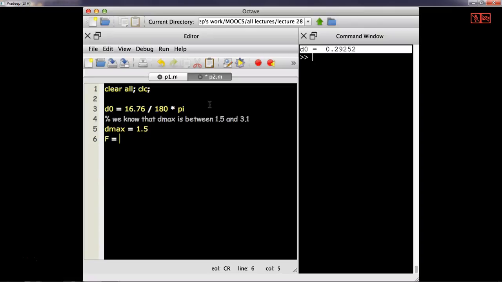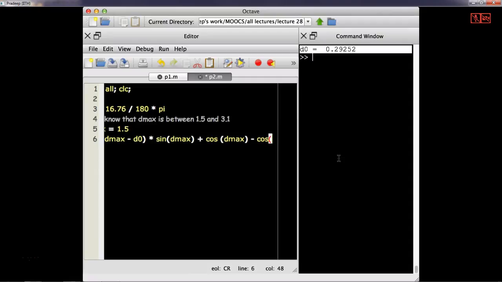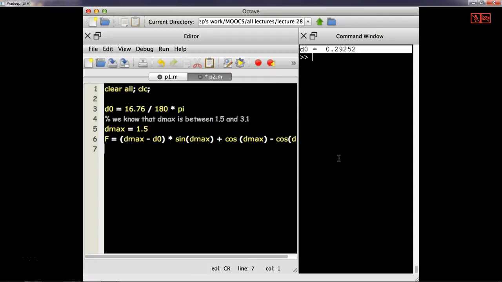I'll just represent it as a capital F: Dmax minus D naught, into sine of Dmax, plus cos of Dmax, minus cos of D naught. So this is my function.